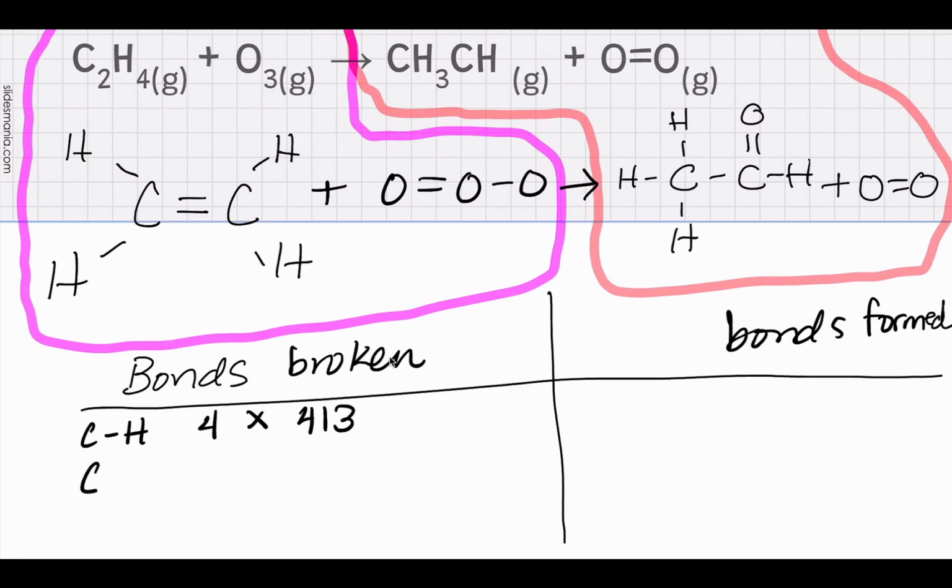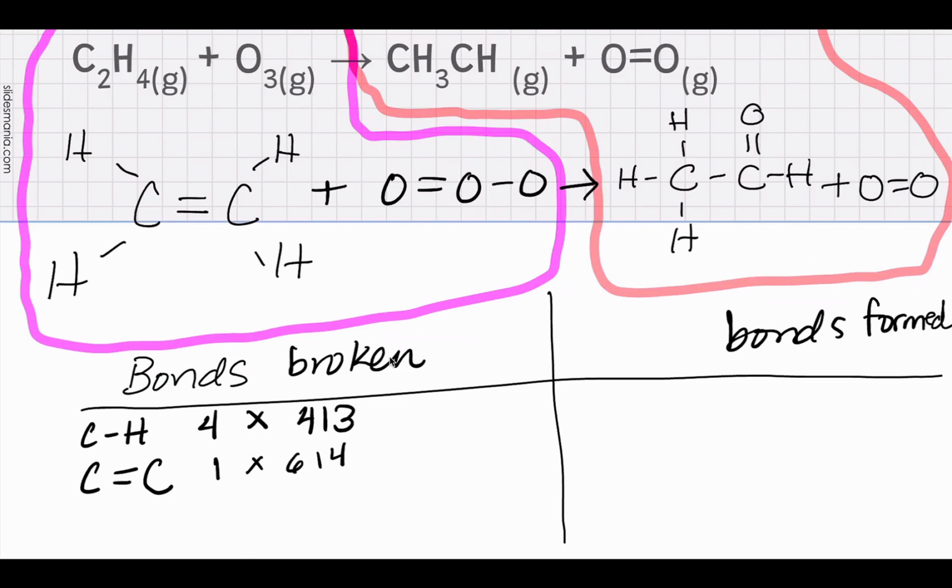So a carbon-carbon double bond is going to be, and I didn't do this one ahead of time, so I have to look them up with you. 614. So there's one of these. So those are the bonds that are broken in the first structure.